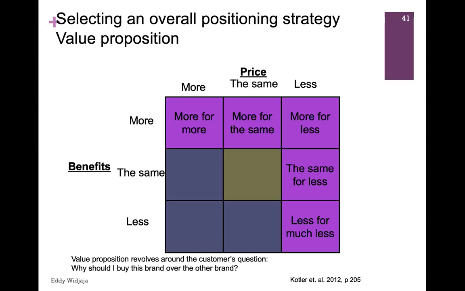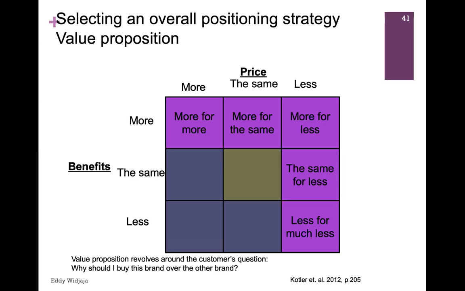Based on these two variables, we have nine possible options that we can take to decide which value proposition we want to adopt.